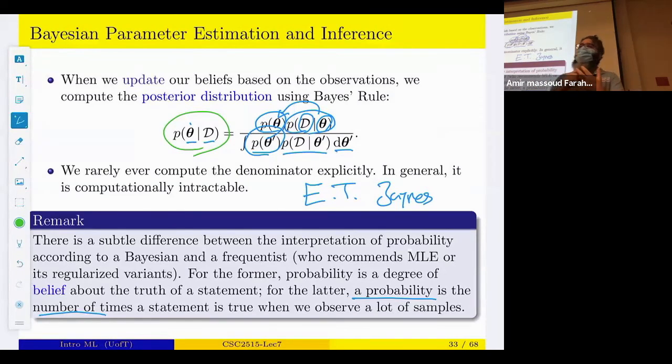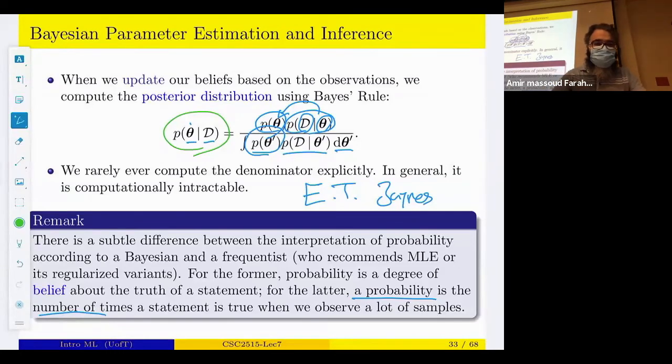Then we observe the data, D, and now we have to take that information into account in order to update our belief about the parameters. This updated belief is called the posterior distribution, the distribution that we get to after observing the data.